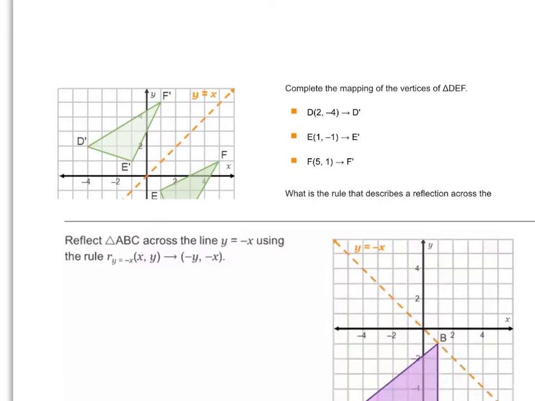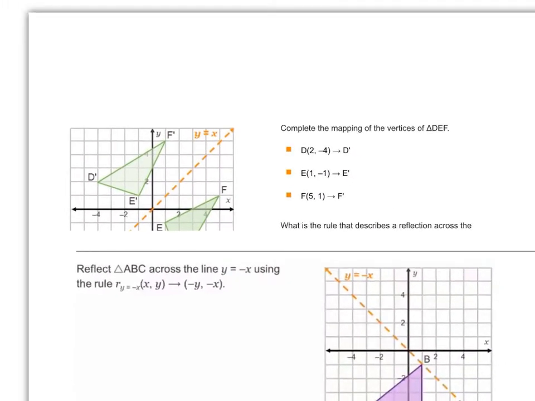Okay, let's take a look at this top one. This got a little bit cut off, but we'll be okay. And so what we're doing here is we have a reflection over the line y equals x, okay? So this here is my line of reflection, okay?